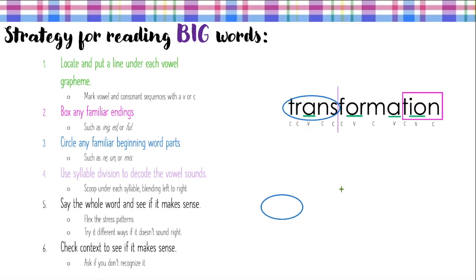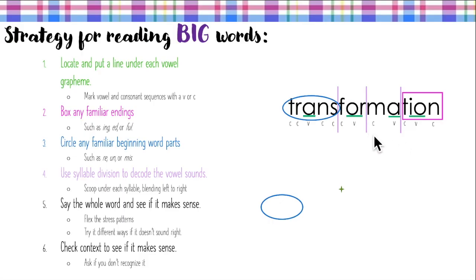Use syllable division to say, okay, I'm going to separate my prefix from my other word, or I'm going to use two consonants sitting there side by side. SF is not a digraph. It's a blend I can break up. And then you can put the pieces together. Same thing up here, tion is going to be its own suffix. I can break it there.